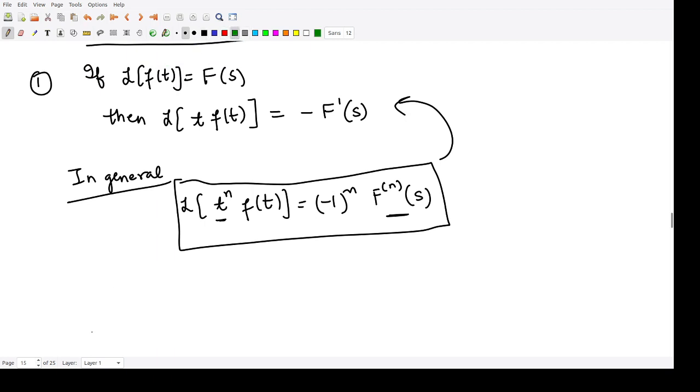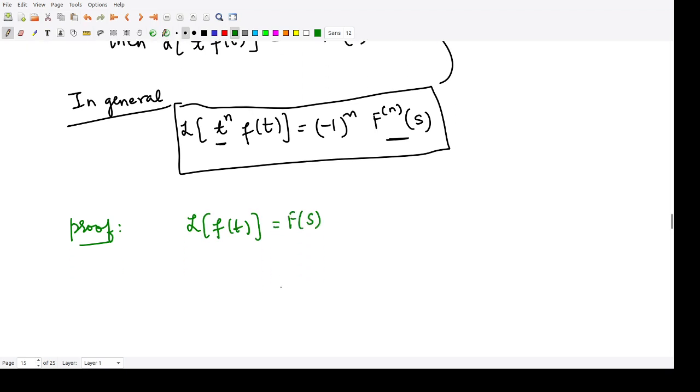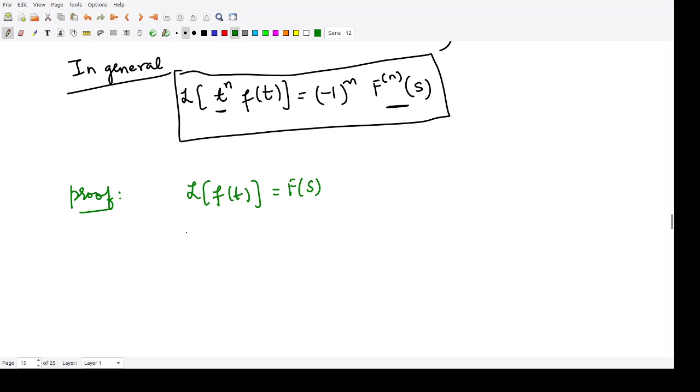For the proof, we know the Laplace transform of this f of t is given to be capital F of s. So we can apply the definition onto the left hand side. We would have integration from 0 to infinity f of t e to the power minus st dt, that is equal to F of s.